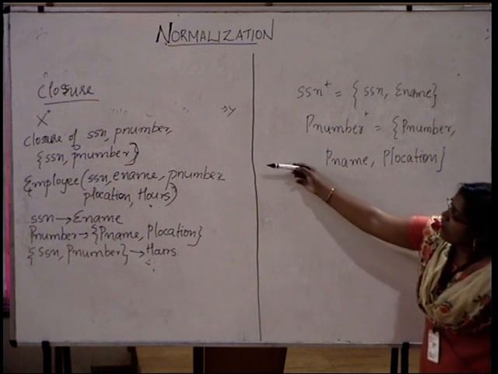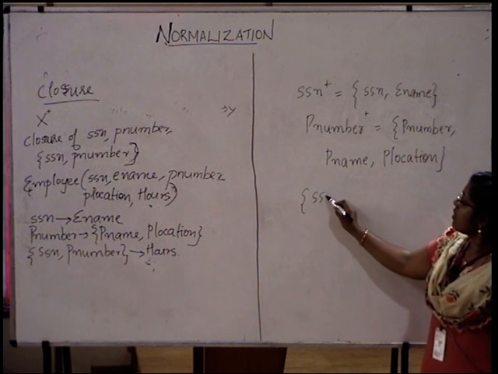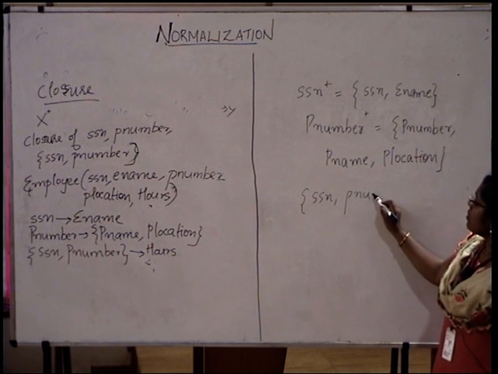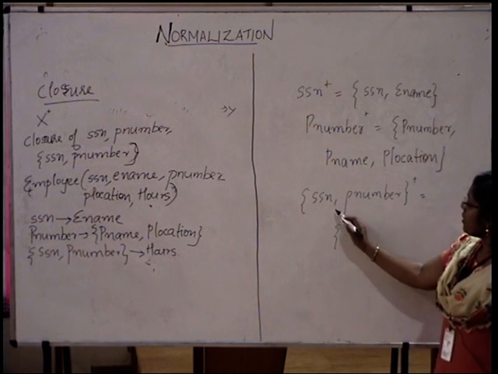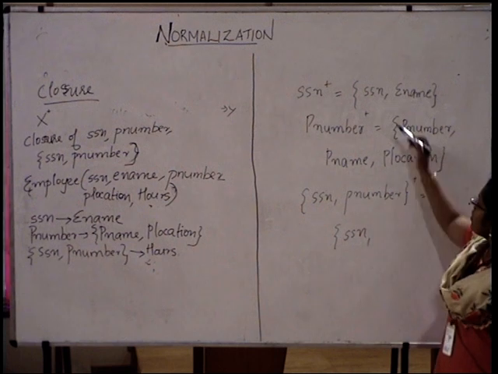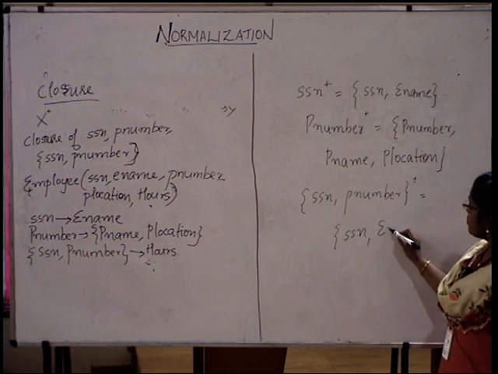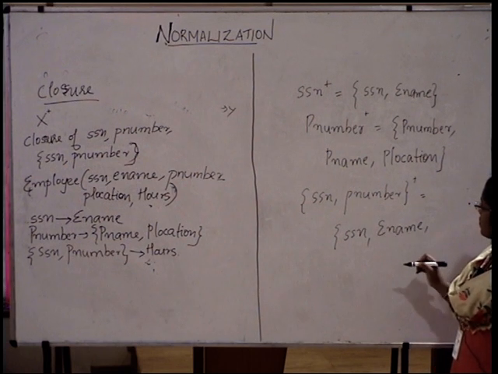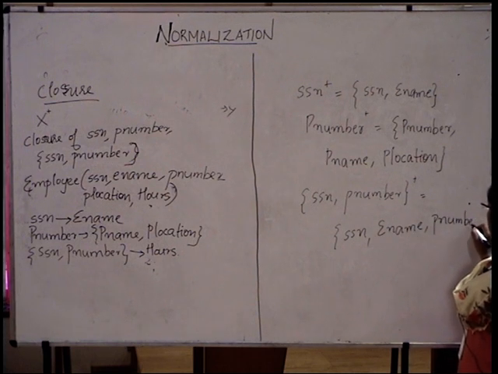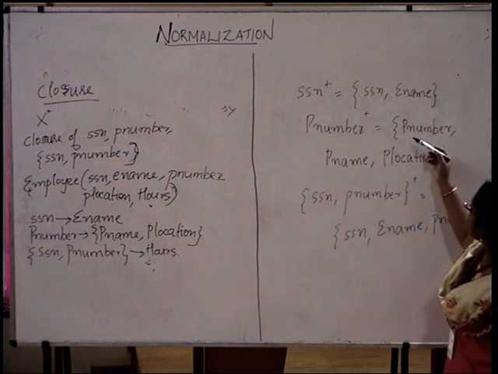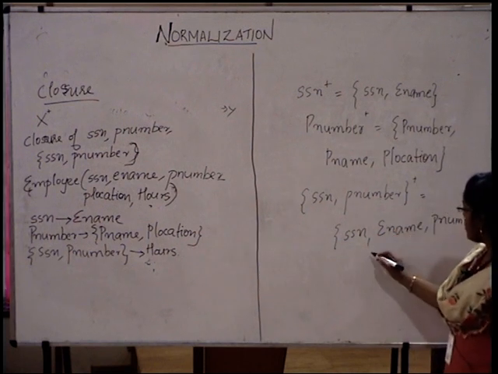Then last is to find out the closure of SSN P number. So the closure of SSN P number is equal to add the first SSN. From the SSN we will get E name from this functional dependency. Add the P number. From the P number we will get P name and P location.